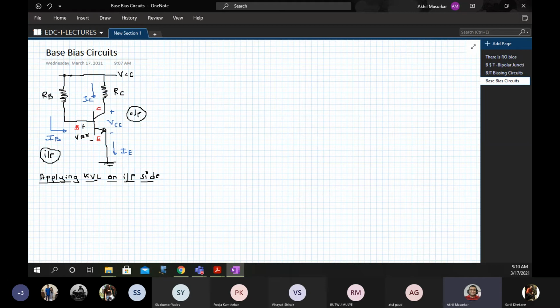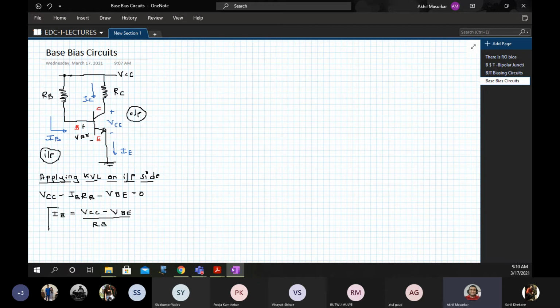Input side means you start with VCC, you go through RB, and then you go to VB, and then you go to ground. So I can write VCC minus IB RB minus VBE equal to 0. So from this we can write IB is equal to VCC minus VBE upon RB.